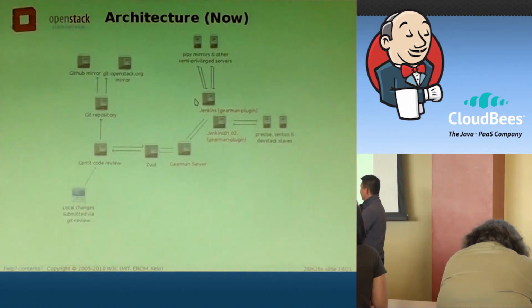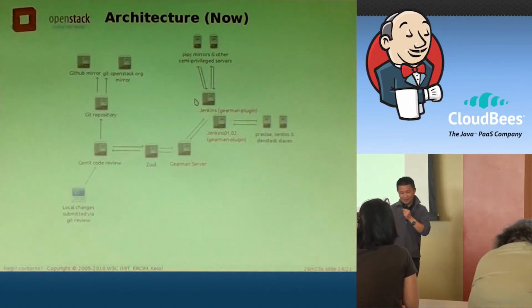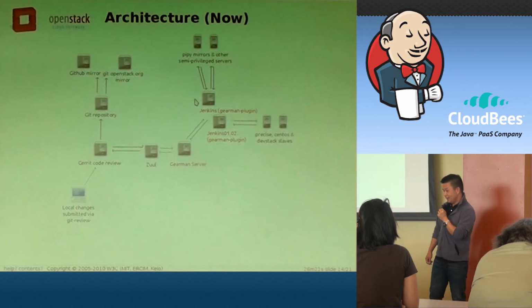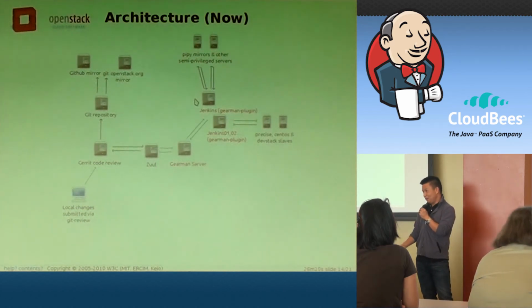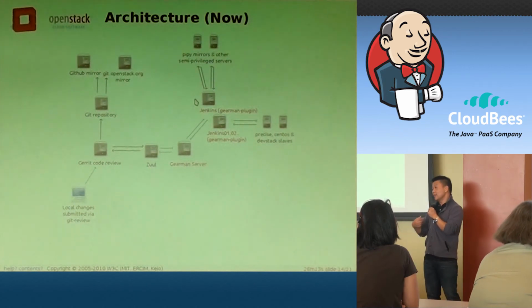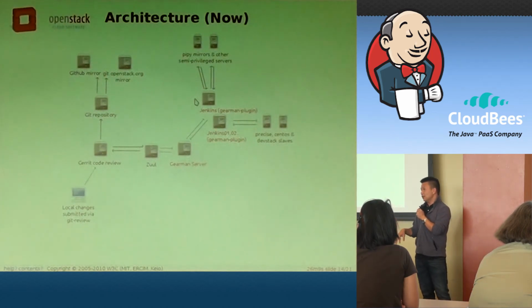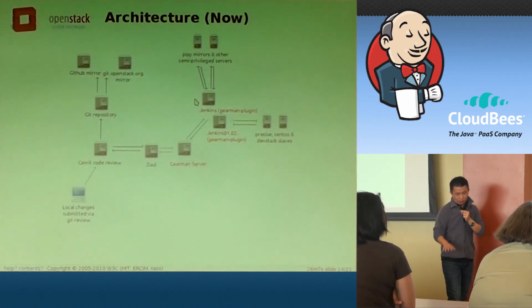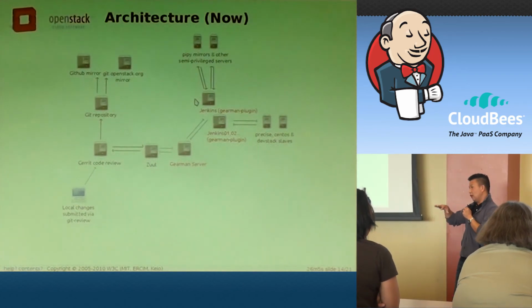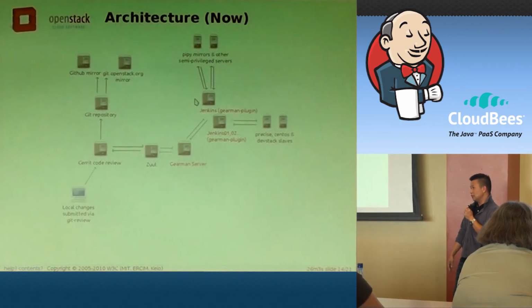So my answer is that I haven't been doing much of the provisioning, because I'm not one of the core infrastructure guys right now. The core people do all the provisioning of the machines.